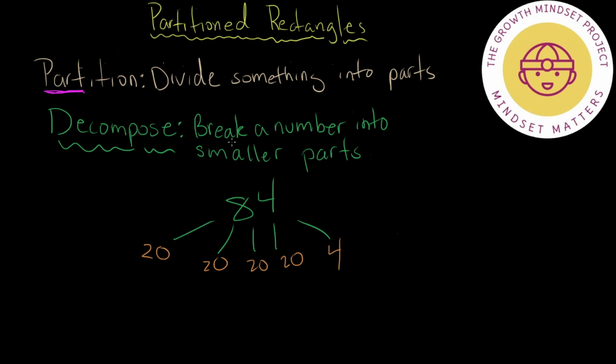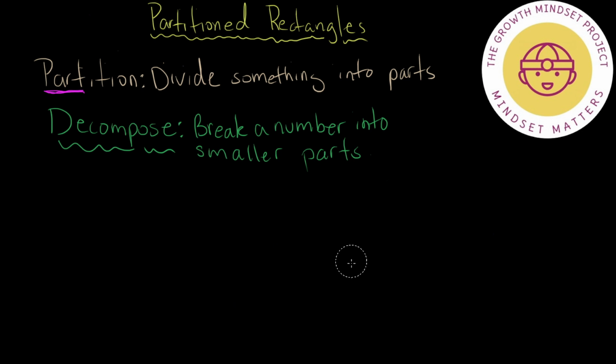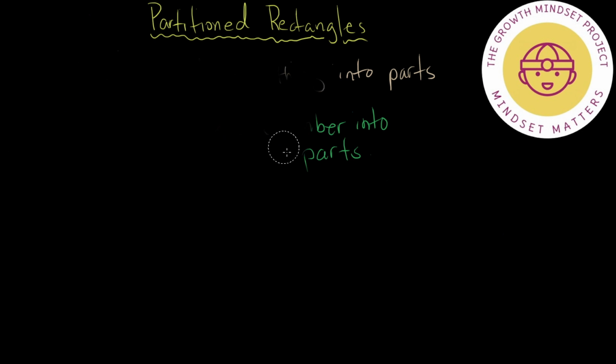You're just breaking down a number into the smaller parts that make up that number. So let's use that knowledge to help us with some multiplication that we might find a little bit challenging, or some multiplication that we might find new.